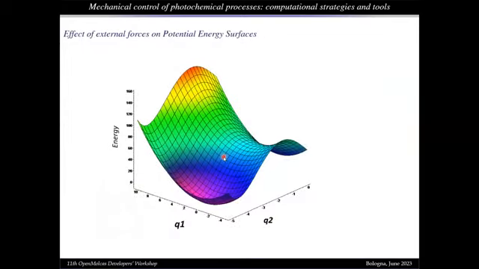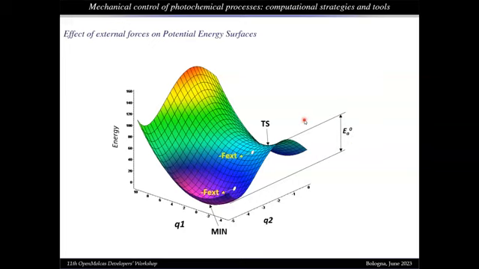Okay, so to understand the effect of these mechanical forces, let's consider a simple potential energy surface. Here we have the ground state potential energy surface. There is a minimum, a transition state. So let's consider the variation in the activation energy due to a mechanical force. If we have no force, we have an activation energy.